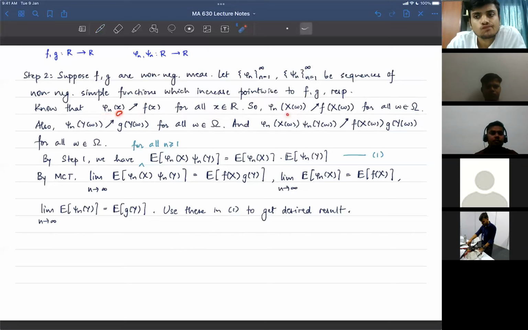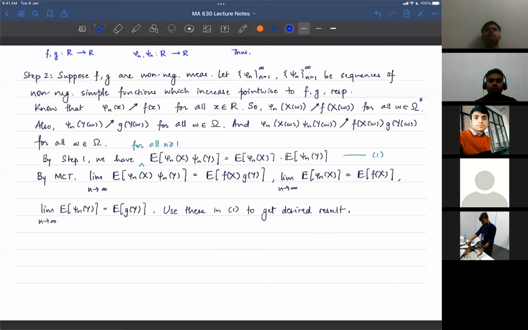This is for all omega in Omega. Thus phi_n composed with X increases to f composed with X. Now remember that phi_n composed with X and f composed with X, what is their domain here? This is Omega, not the real line, right? This is a composite function.